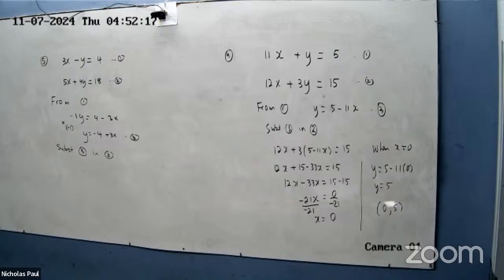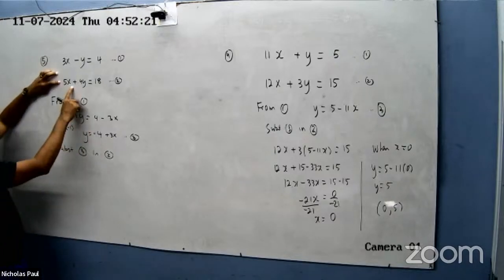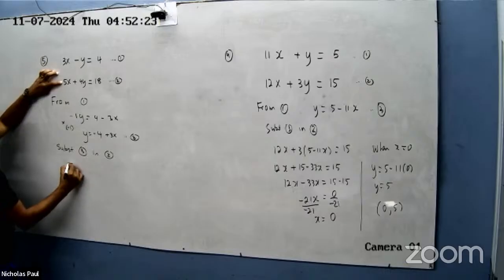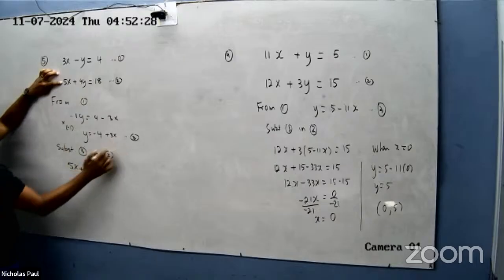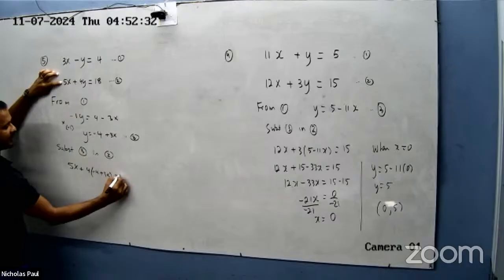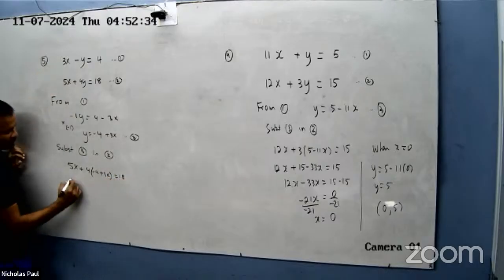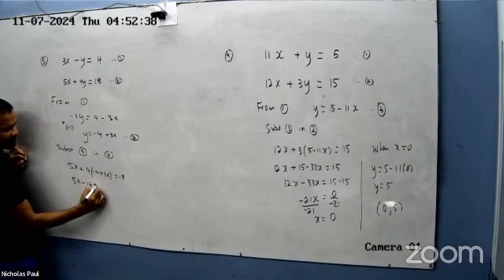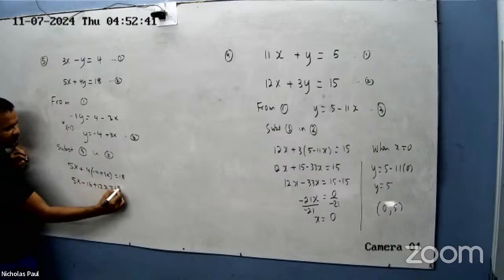I can substitute 3 and 2, and that's it. Substitute this and this. So we're going to get 5x plus 4, taking off y and writing this, minus 4 plus 3x is 18. Then do your usual thing. 5x minus 16 plus 12x is 18.